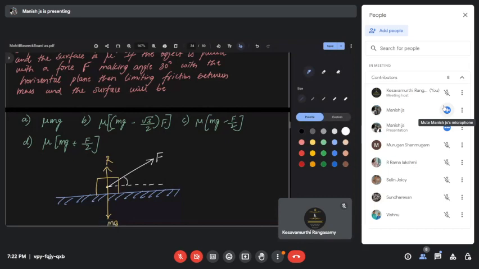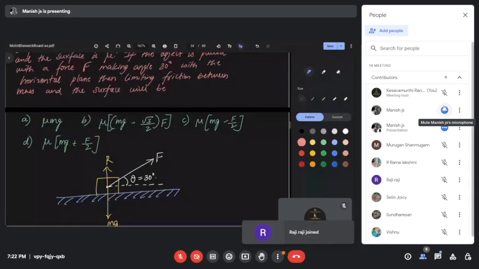So this is angle theta, and theta is equal to 30. So if force and block is pulled like this, so where will the force act? It will act like this.